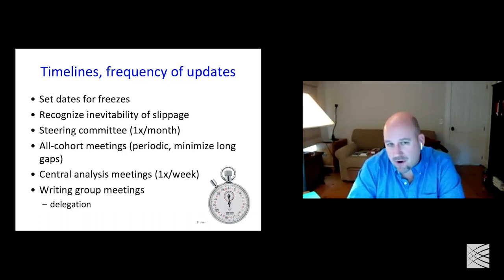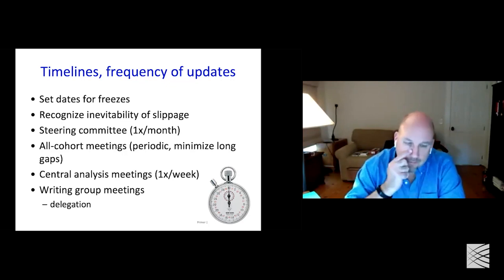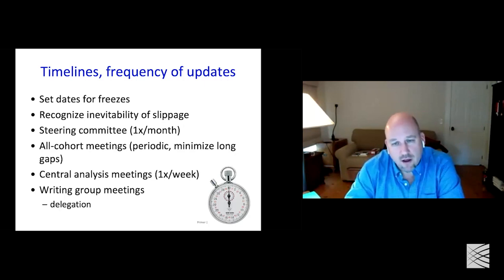And it's important to minimize long gaps in update. I mean, some of these can be teleconferences or, you know, Zooms, and some of them can just be email updates, but it is important as part of one's kind of consortium hygiene to make sure that the people who have been contributing work, even if they're not actively involved in the central analysis, know that there's been forward progress.